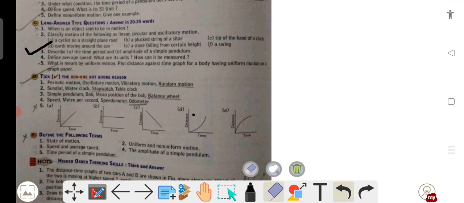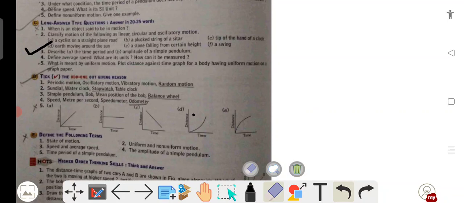Next, question number C5. What is meant by uniform motion? Plot a distance against time graph for a body having uniform motion on a graph paper.